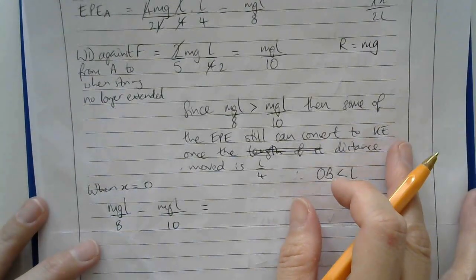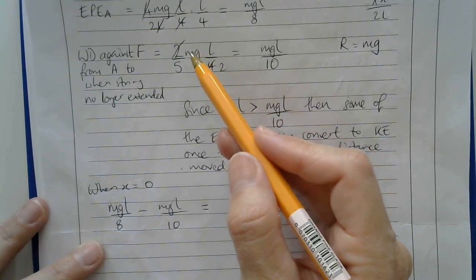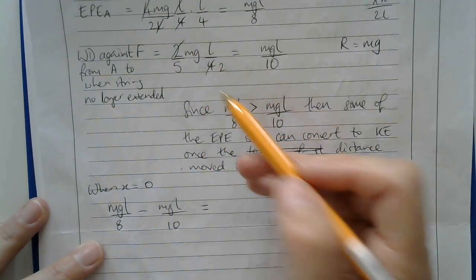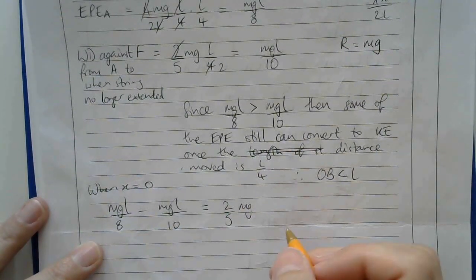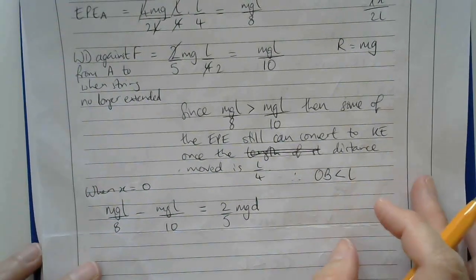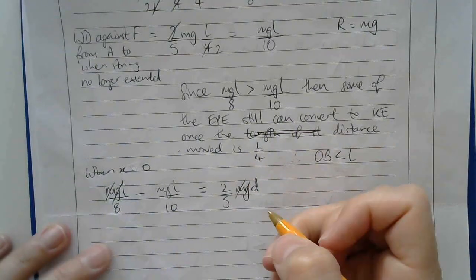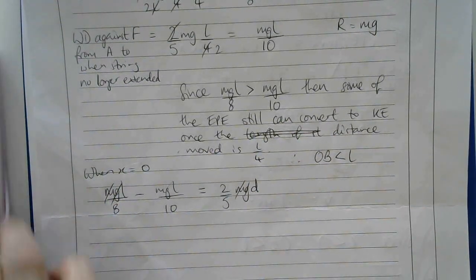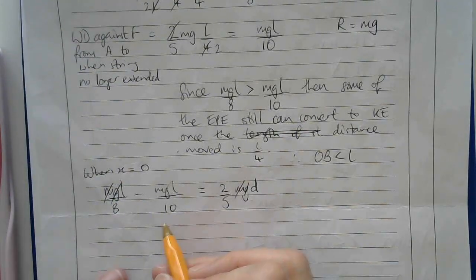So the work done against friction is the frictional force, which is 2/5 mg, times the distance moved, which I'll call d. I can see that I've got mg everywhere. If I do 1/8 take away 1/10, then I get 1/40.